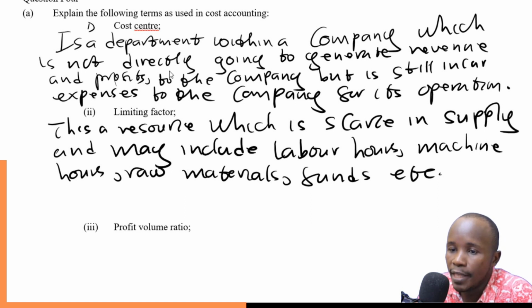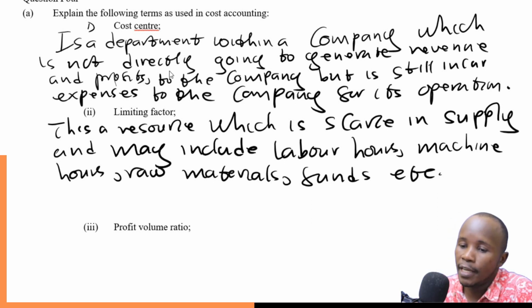So it is a resource which is scarce in supply and may include labor hours, machine hours, raw materials, funds, etc.